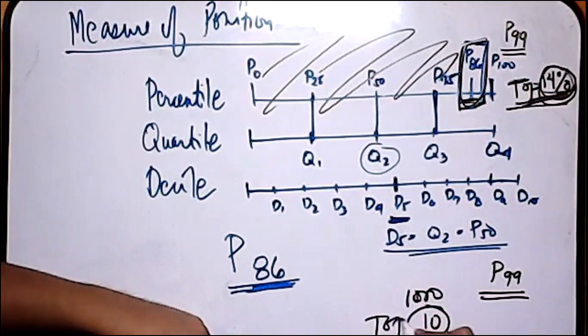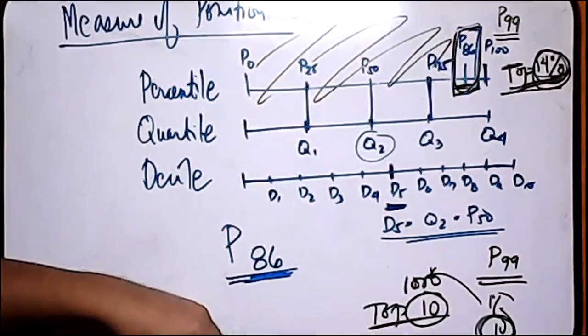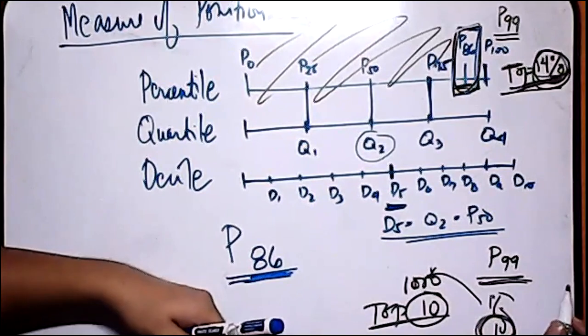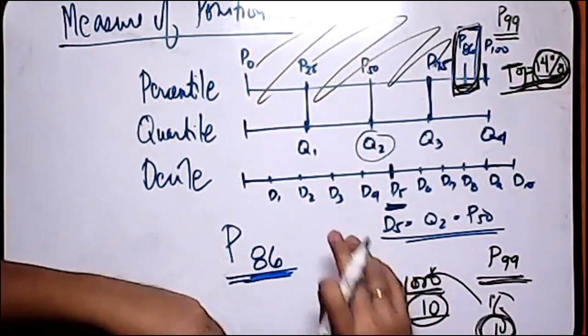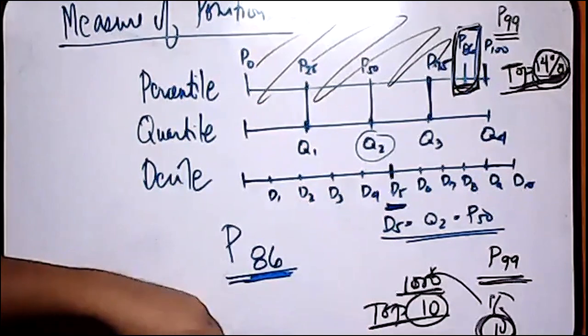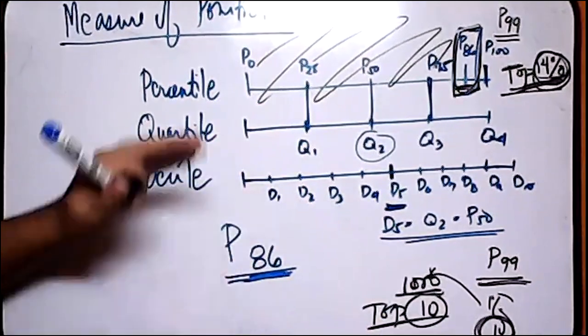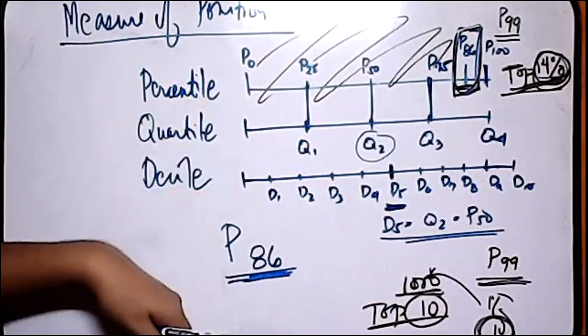Okay? You are in the top 10. Kasi 1% of 1,000 is equivalent to 10. Okay? So, nasa top 10 ka. Kung 99 percentile ka at there are 1,000 students who took the same test. Okay? So, that is what we meant by the measures of position.